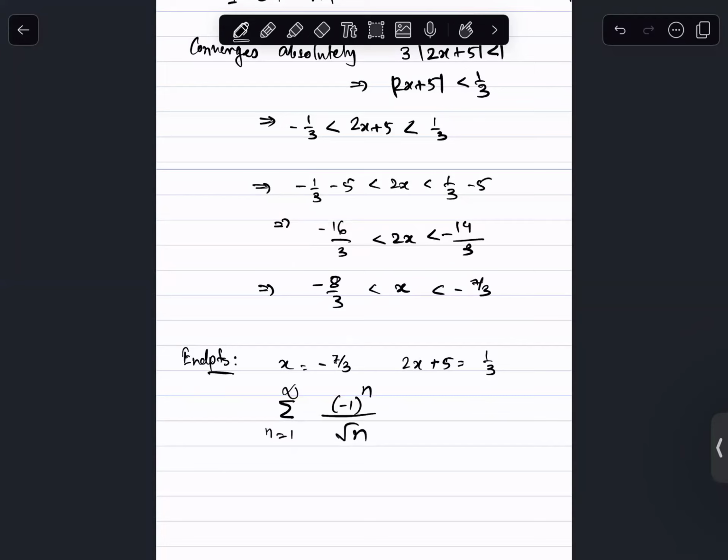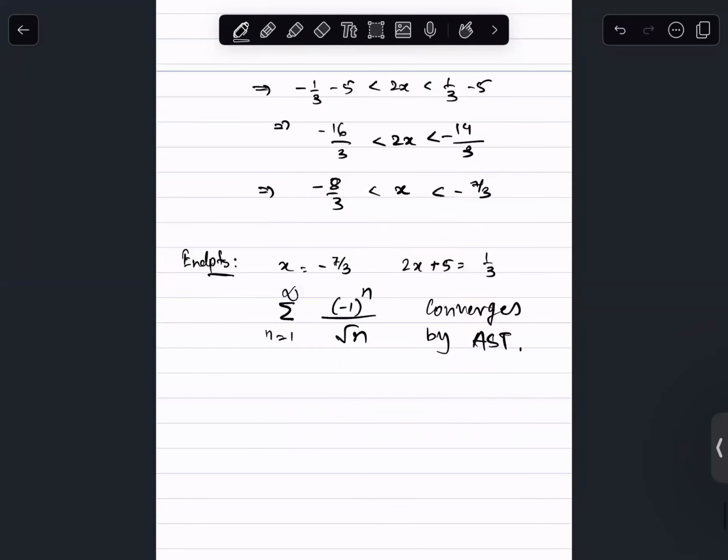This converges. You can check this easily by the alternating series test. And when x is minus 8 over 3, 2x plus 5 will be minus 1/3. And then the series will be the sum of 1 over square root n. And this diverges by the p-test.